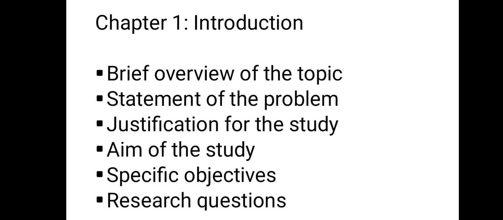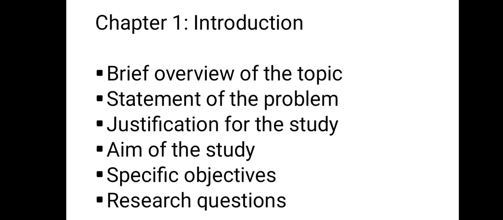When you achieve the specific objectives individually, you can now put them together to become the aim of the study, which you seek to achieve. And so the specific objectives may be 2, it may be 3, or it may be more, depending on the nature of the topic.